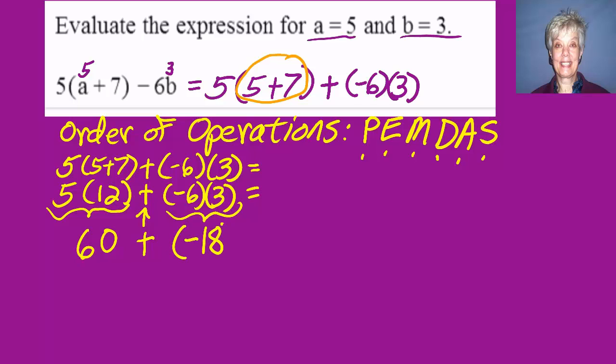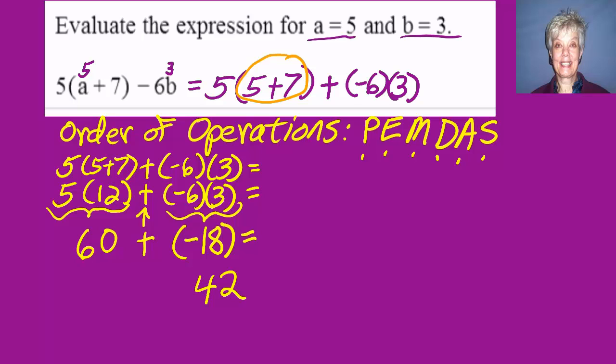-18. And we usually put negative numbers in parentheses. Well, 60 plus -18, you can throw that in your calculator or do it by hand. It's going to equal +42. And that's how you do this problem.